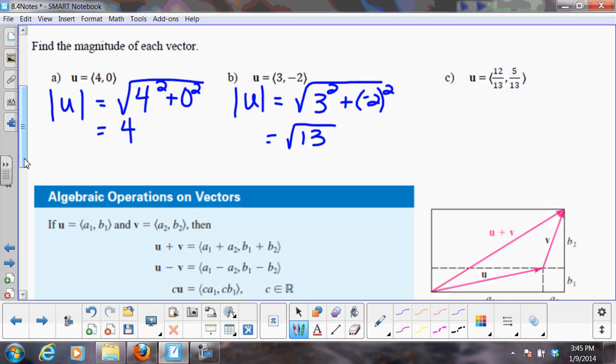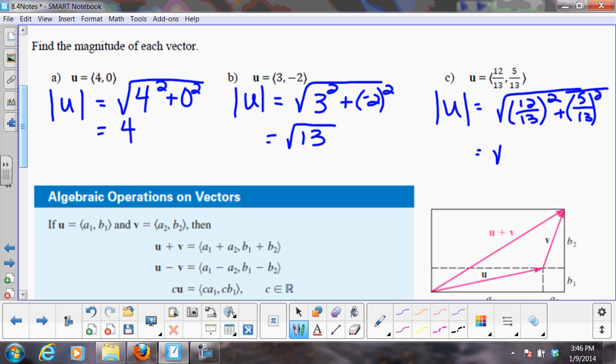And lastly, part C, square root of 12/13 squared plus 5/13 squared. Well, the numerators, isn't that like a Pythagorean triple? We get 169 over 169, which is just 1. Square root of 1 is 1.